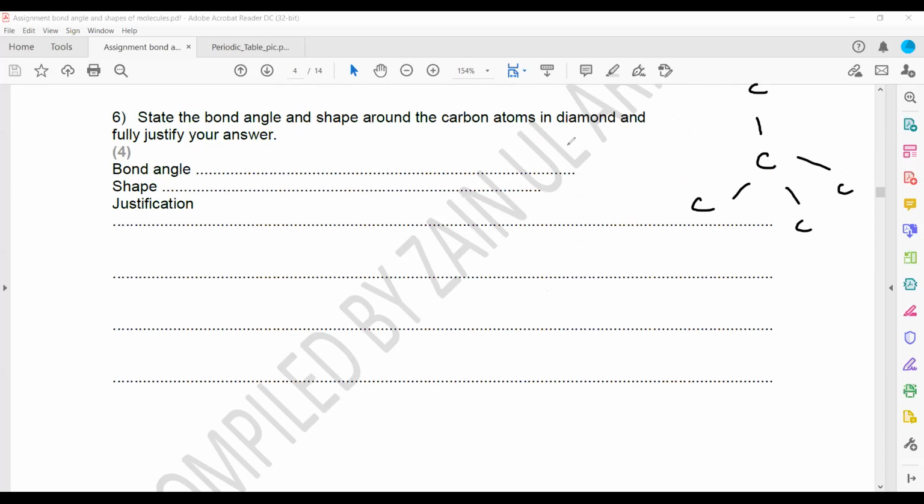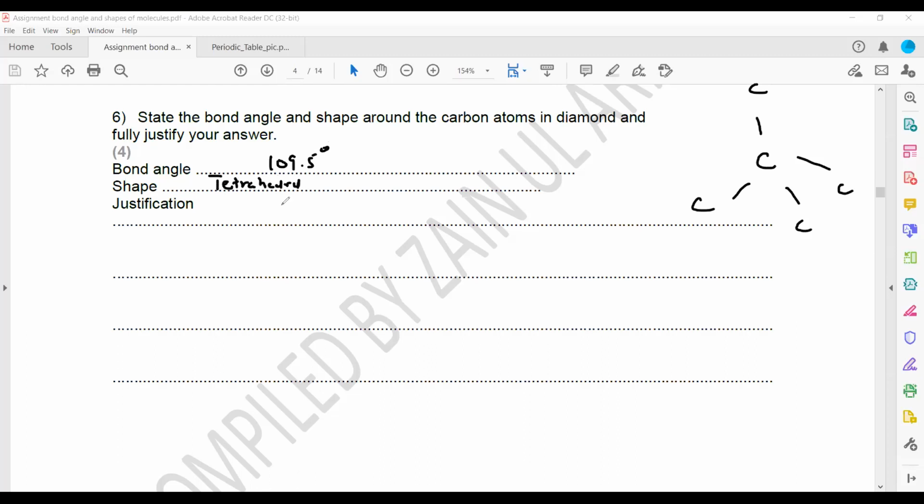There are 4 bond pairs and no lone pair. So with 4 bond pairs and no lone pair, what will be the geometry or the structure? It will be a tetrahedral structure, and the bond angle will be 109.5 degrees. What about the shape? The shape will be tetrahedral.